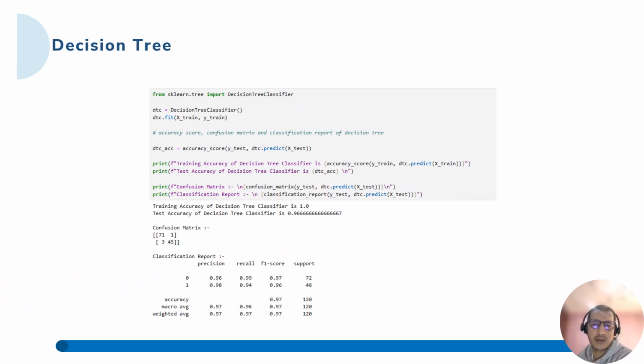Decision tree. We achieved a training accuracy of 1 and a test accuracy of about 96.7%, indicating strong performance with a small gap between the train and the test data sets. We found 71 true negatives, 1 false positive, 3 false negatives, and 45 true positives.